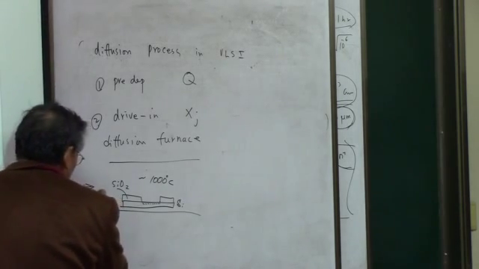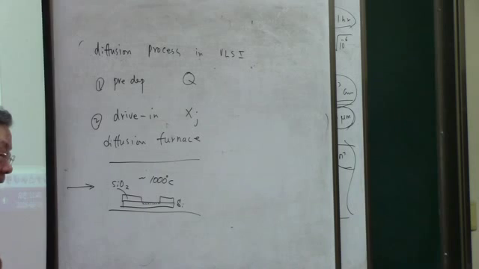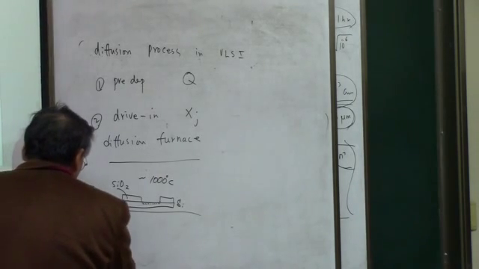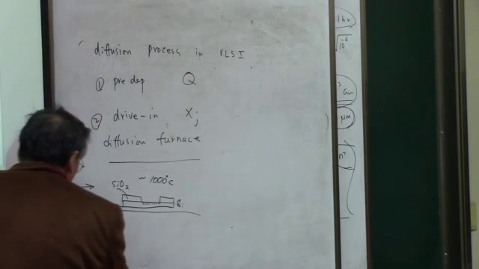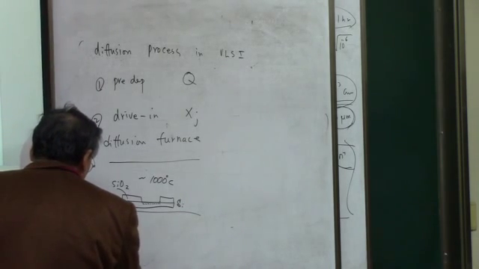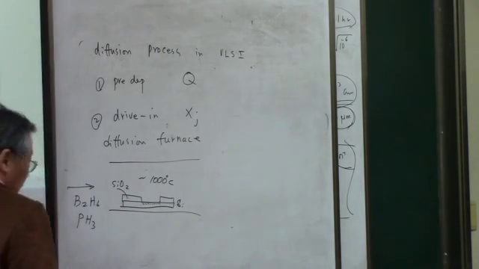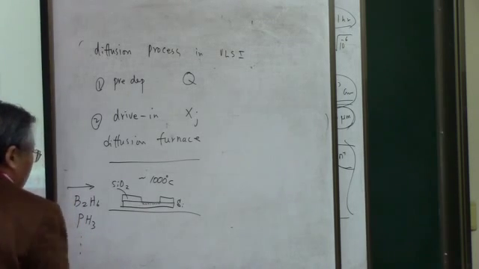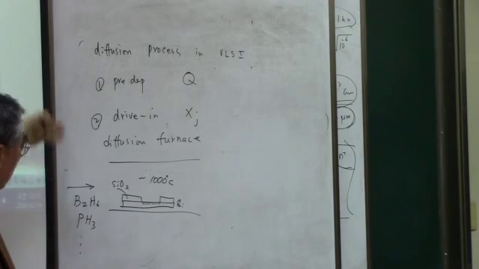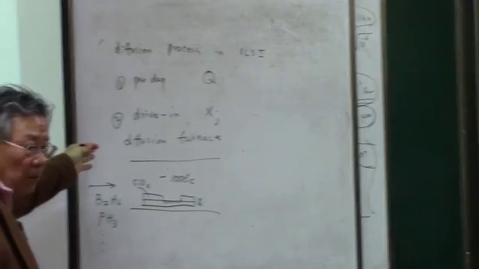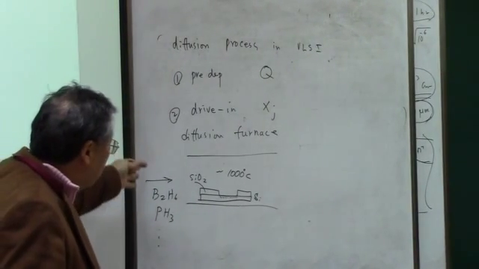And then you put the dopant in as a gas, like B2H6 for the boron, and PH3 for the phosphorus, and so forth. This is basically what happens in the diffusion process in VLSI.